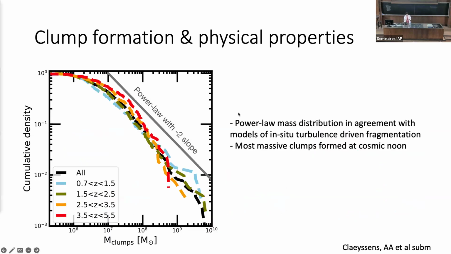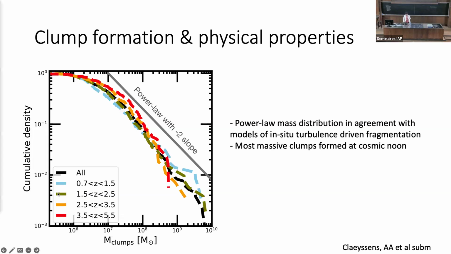And finally, I think this is really important, the mass function of clumps at different redshifts follows a power law. Essentially, in this redshift range, we are seeing fragmentation happening in disks, because the power law of -2 is produced by turbulence, essentially breaking down the ISM and creating overdensities that collapse.